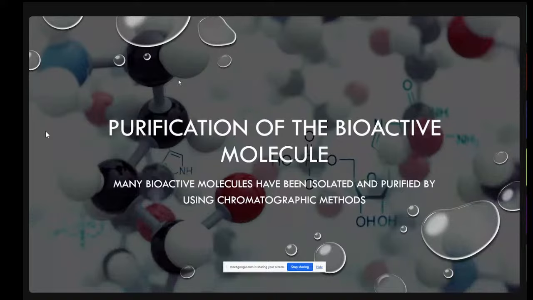After the whole process of extraction and filtration, we also have to run a purification for the active or bioactive molecules that we extracted, and this will be another talk, inshallah.